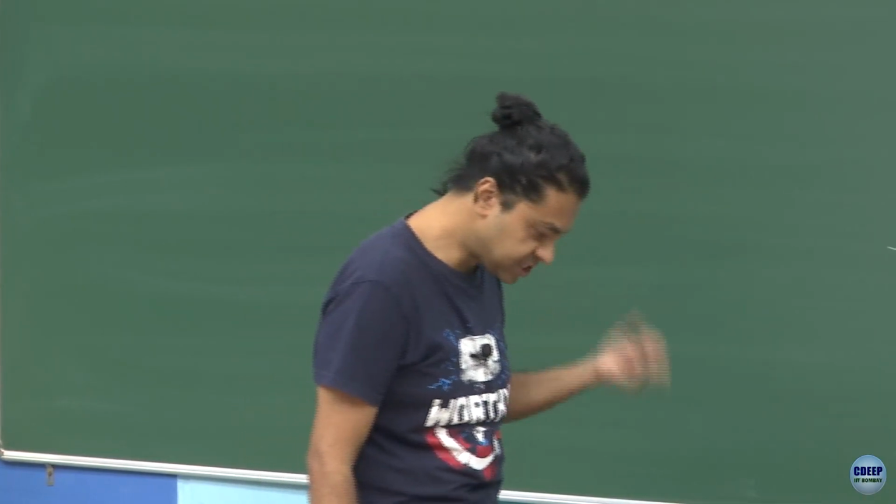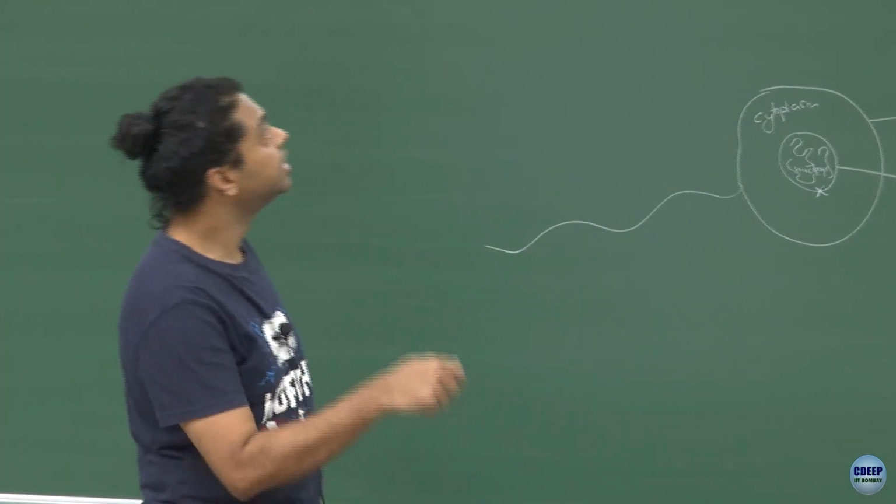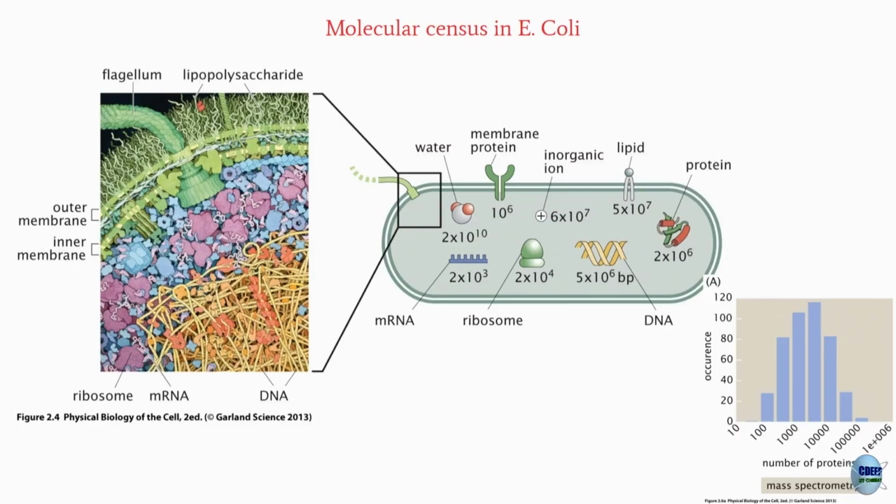And whatever physical and chemical processes happen inside these living cells must happen in the background of this extremely crowded environment. These numbers are not set in stone. For example, here is a census of the number of proteins. I forget whether it's different cells or cells at different points of time in their cell cycle, but regardless, what you'll find is a huge variation.